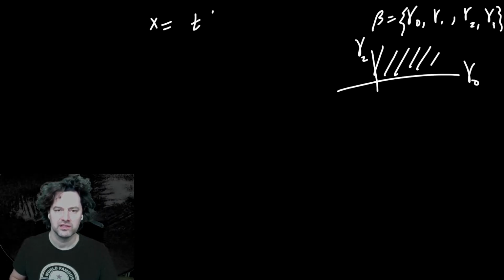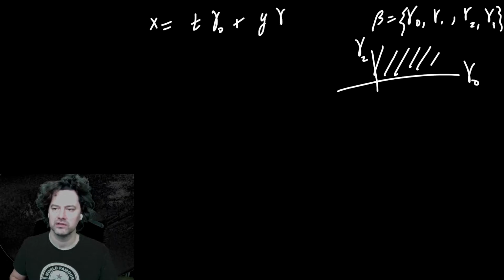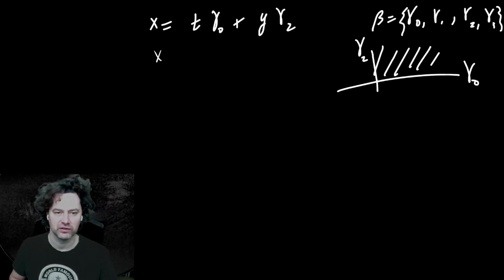So our position vector within that plane is going to be, let's say, t gamma naught plus y gamma 2. Our position vectors, or what we would call the curvilinear vectors for the space.